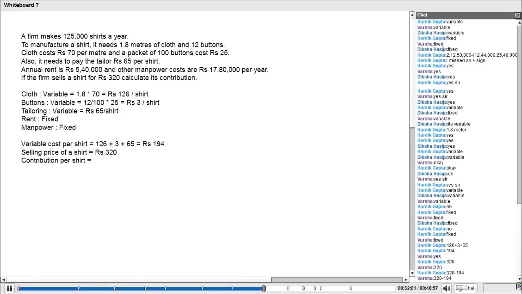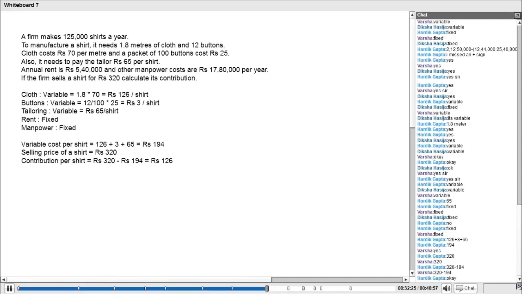So contribution per shirt is how much one shirt is contributing towards the organization, which is its selling price minus its variable cost, which is rupees 126.